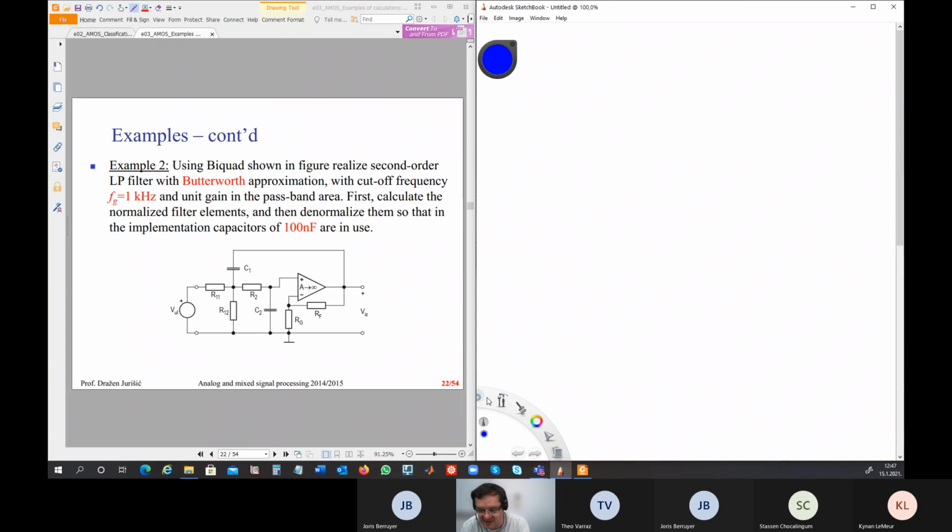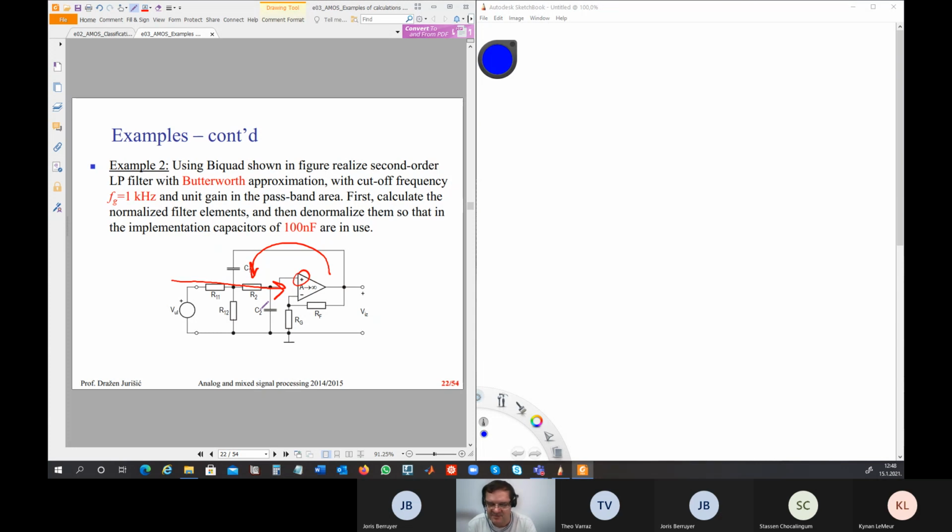Bandpass is in the feedback. So it's class 4. The signal comes here to plus, and here is low pass in the forward path. So you immediately recognize this is a class 4 low pass filter.